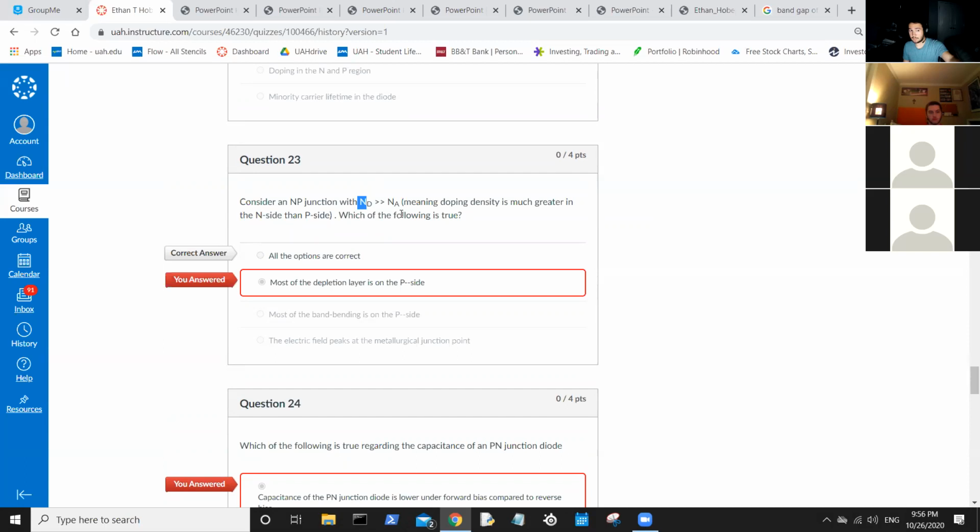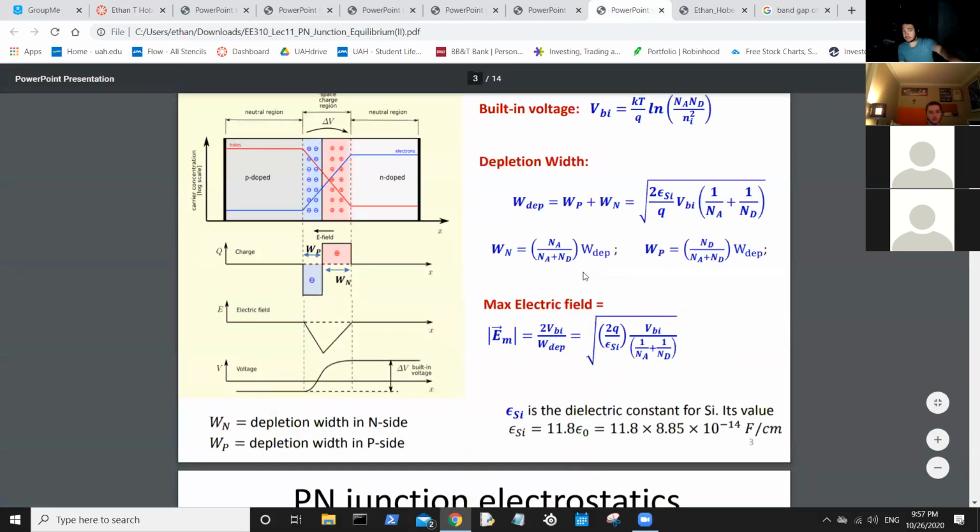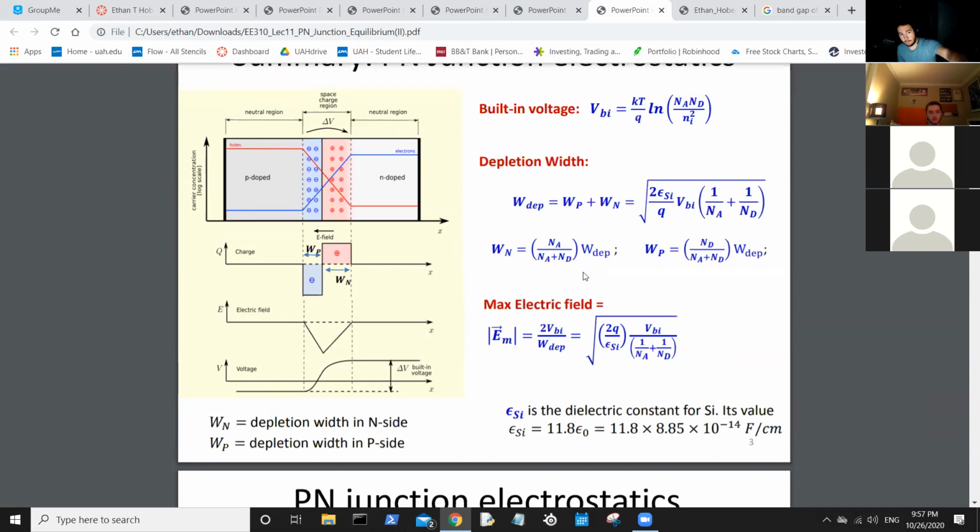But obviously, if all options are correct, there's a reason that everything's right here. The electric field peaks at the metallurgical junction point. That's always correct. If we go back to that figure, regardless of doping densities, that max electric field is always at the junction point, however close it is to one side or the other in the depletion width.